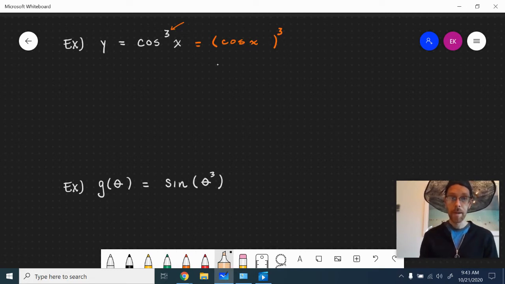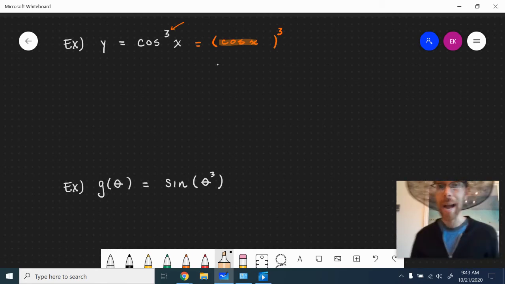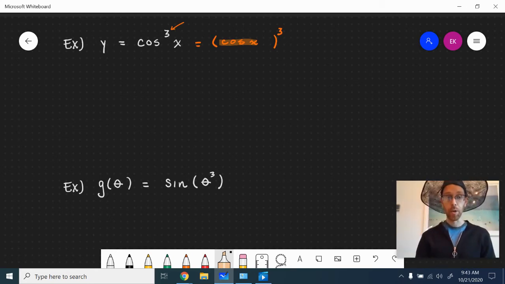So this time, our inside is cosine x, and our outside is something cubed. So that was the first step. Identify your inside and your outside.